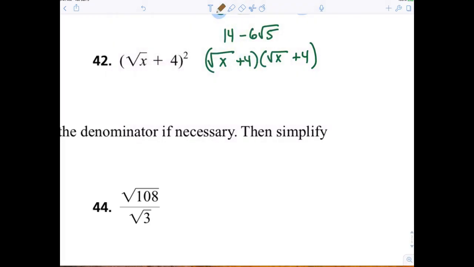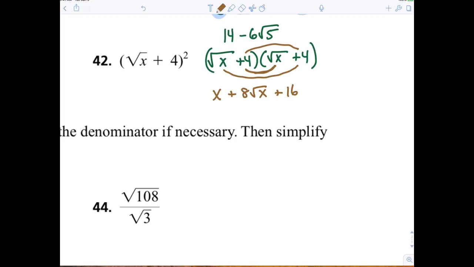What's square root of x times square root of x? X. What do I have here? What do I have here? All together? And then finally, same. Very, very easy.